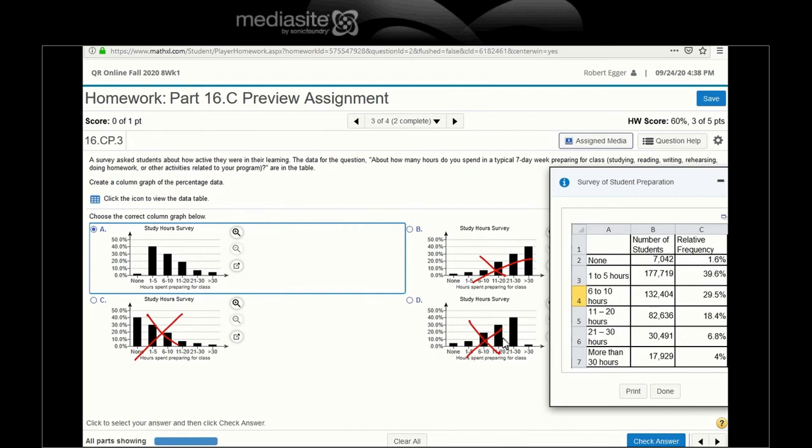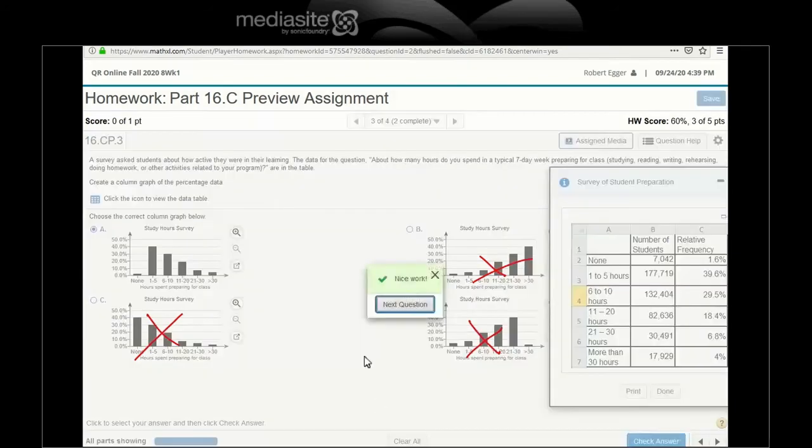This one and that one are the same, but backwards. And it looks like this one they put just in order from low to high. Has to be in order too. Check answer. All right.